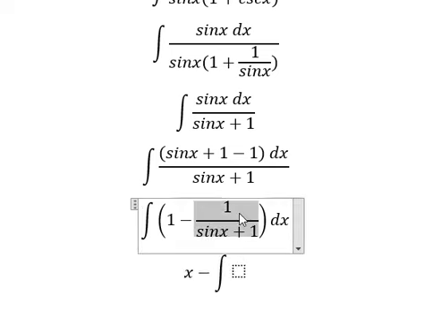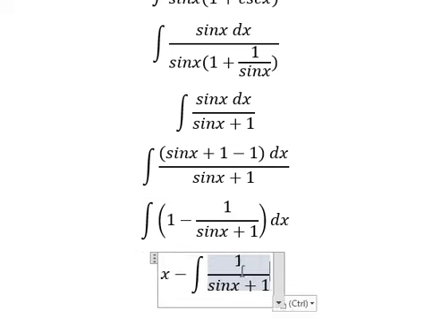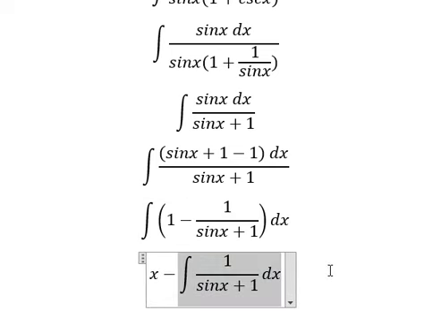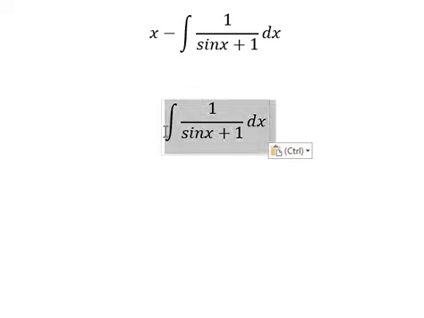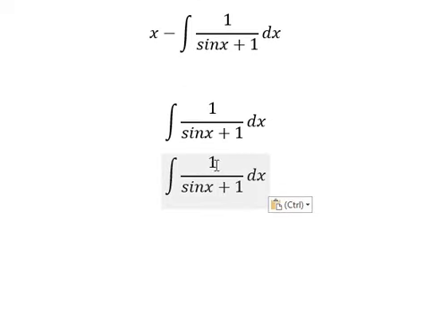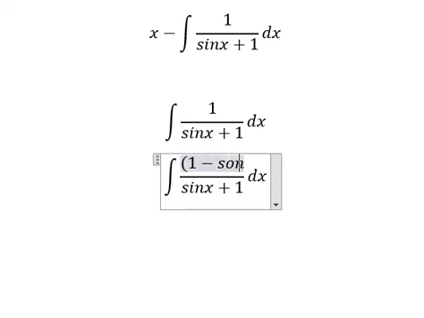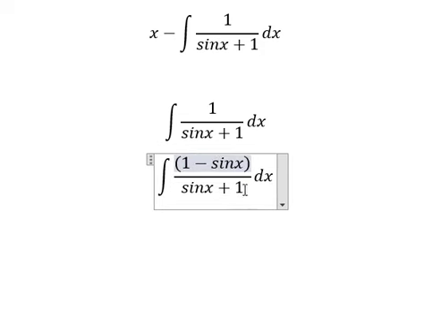Now we need to focus on this one. So I need to multiply by 1 minus sin x on numerator and denominator.